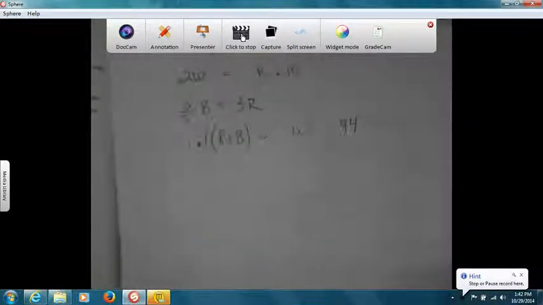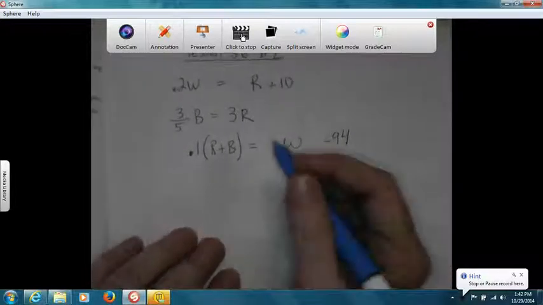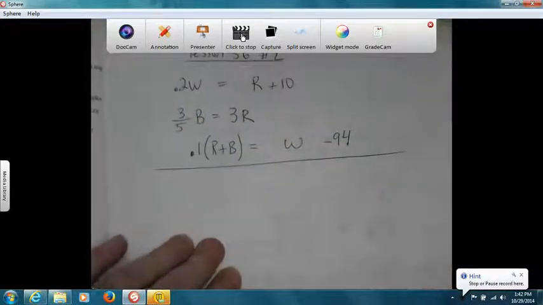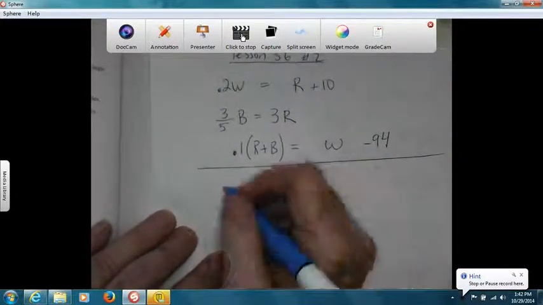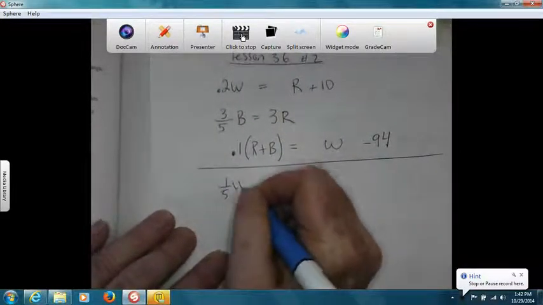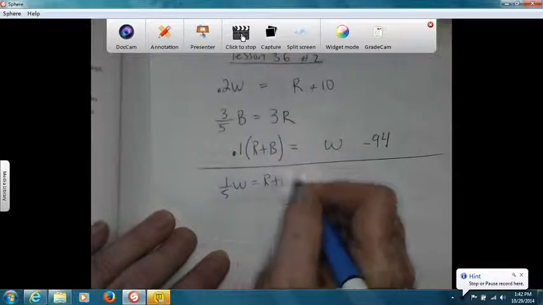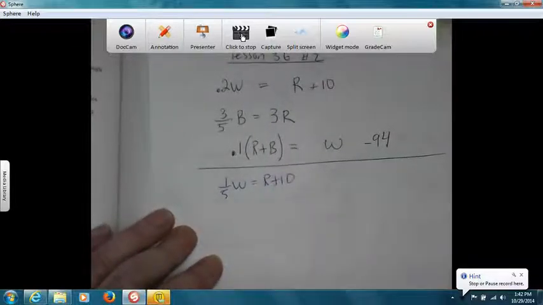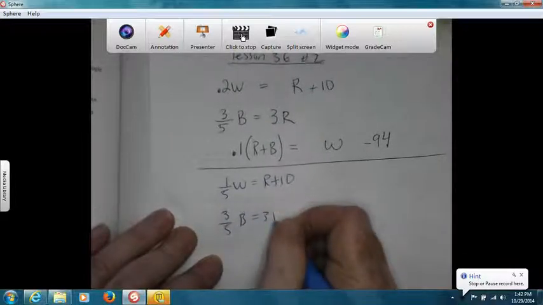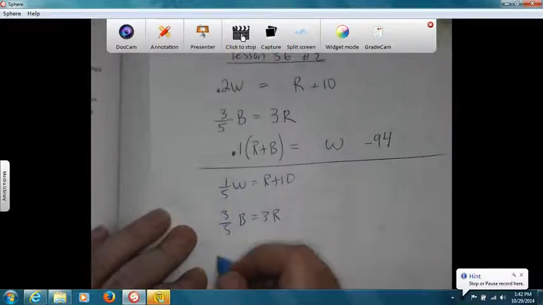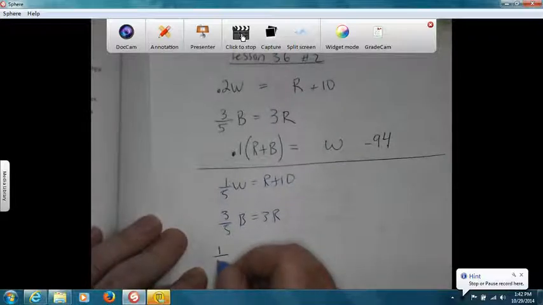So, let's rewrite this all nice. Now we don't need this book anymore, so we can just move it up here. Okay, so I'll make it in a blue color. 0.2 can be written as 1/5. 1/5 W equals R plus 10. And then we can say 3/5 B equals 3R, and this one we're going to say 1/10, is that right?